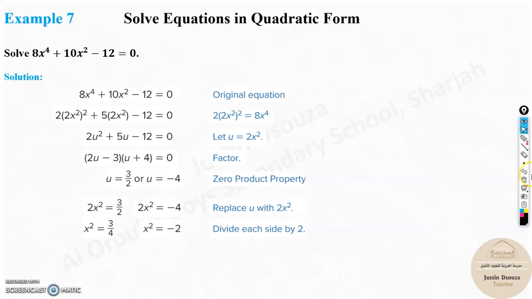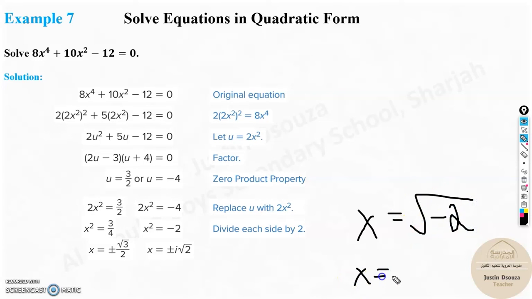Over here, this is imaginary. This is the answer. Over here, this is the only true answer. Why? Because you'll get plus or minus. Over here, you get imaginary. We generally don't consider it. But since you know complex numbers, x would be the square root of negative 2, which is the square root of negative 1 times root 2, and the square root of negative 1 is basically i. So it is i root 2.